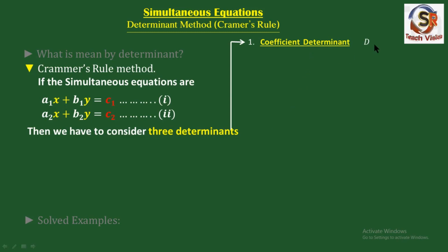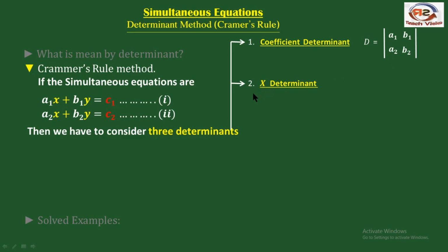It is denoted by capital D, and it contains the four numbers by column a1, a2, b1 and b2. Then the second determinant is x determinant, which is denoted by Dx, and it contains the four numbers by column c1, c2, b1 and b2.